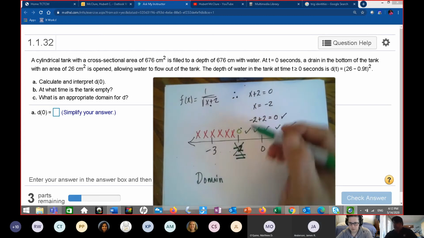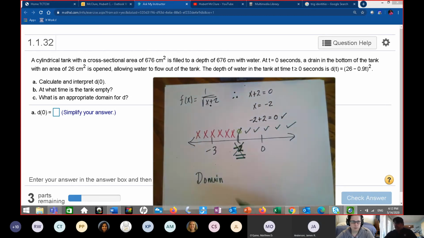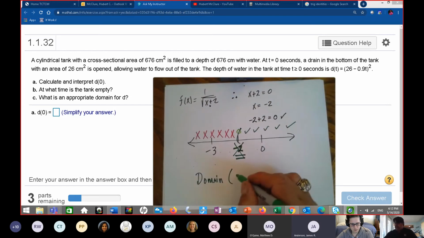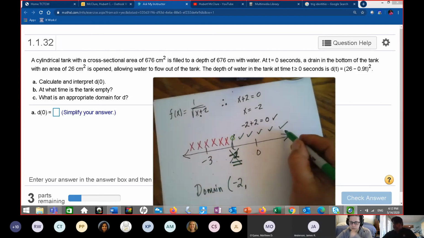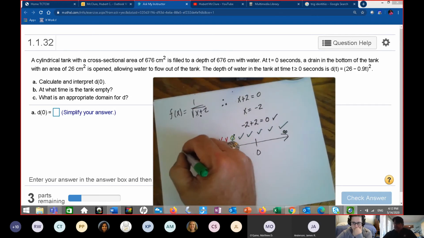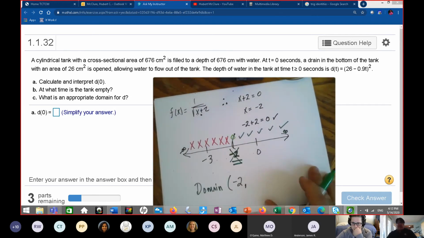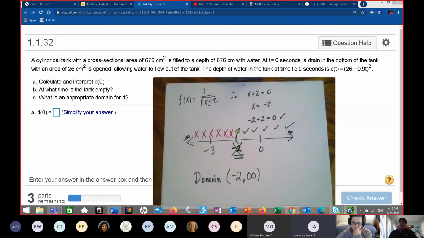So we cannot use negative 2. So negative 2 gets a parenthesis, and we go to this arrowhead. This arrowhead is called positive infinity. This arrowhead is called negative infinity. So our domain is negative 2 to what? Infinity.